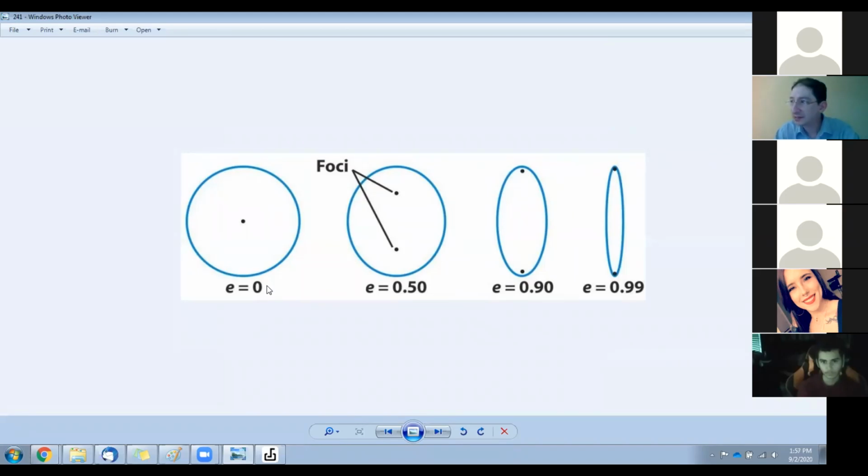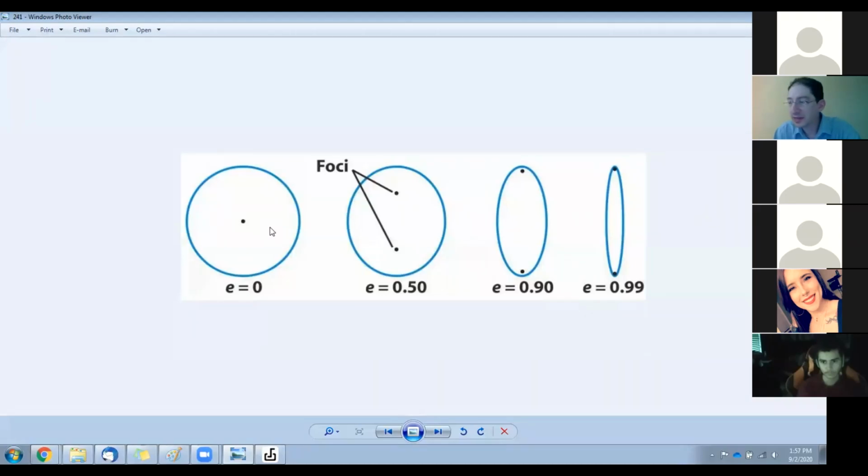It's not exactly circular. It is slightly eccentric, I think less than 1%, less than 0.01 or something of that order. Now, some planets are more. Mercury is more. Dwarf planet Pluto is more. I think those are around 10-ish percent. And some things are very eccentric, like comets. They go way, way out and they swoop in. Remember, the sun is just at one of these points. The other point is empty.